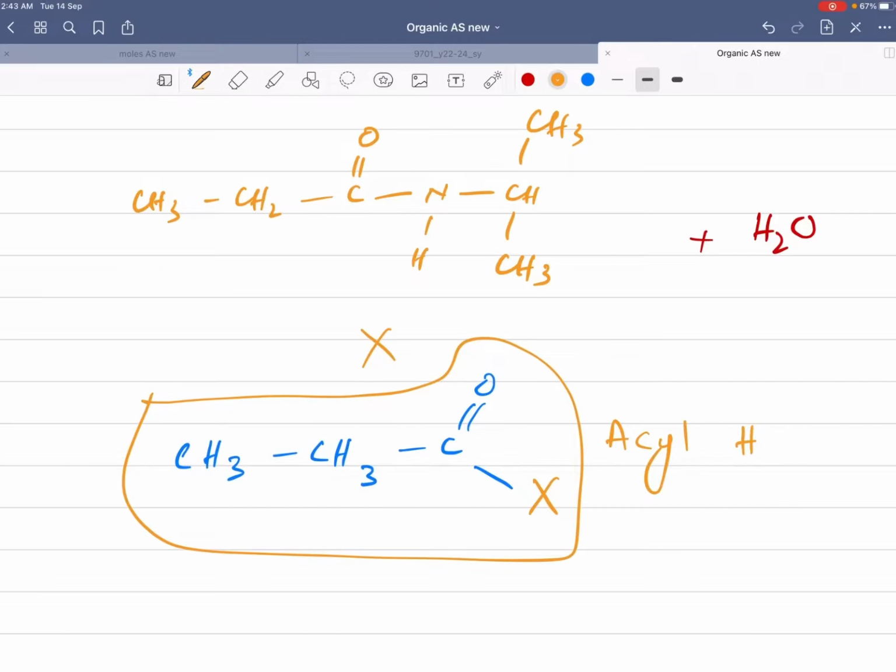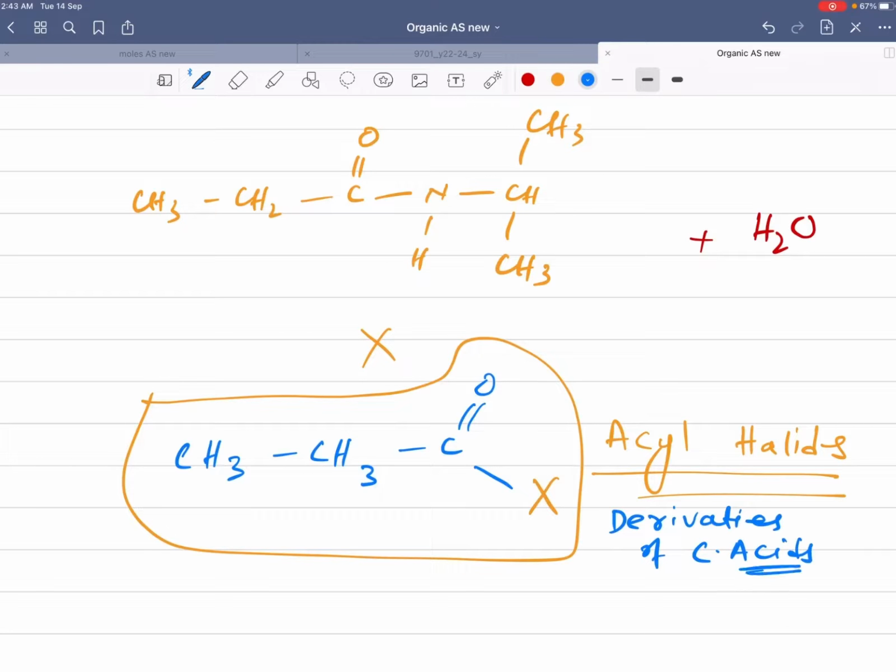You would study these acyl halides more in A2. But here you can simply call them acyl halides, and just remember that they are derivatives of carboxylic acids, and they are much more reactive than carboxylic acids.